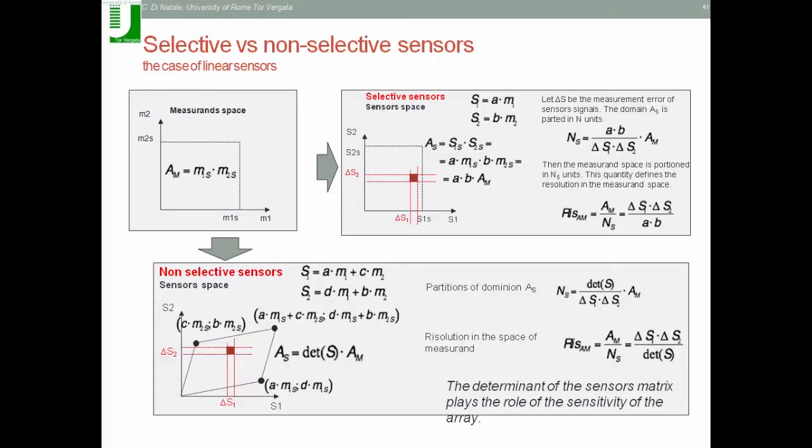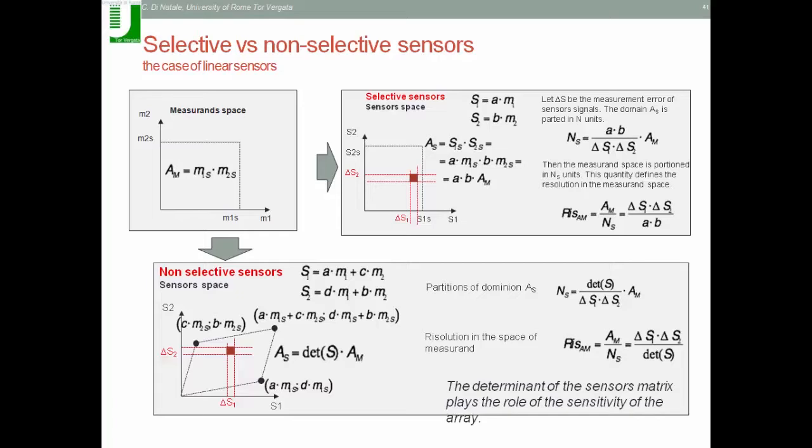And this area is no more the product A times B, but is the determinant of the matrix S. So when we calculate the maximum variation of M1 and M2, so in how many partitions I can actually partition this space, this is similar to what we had before, but instead of the product of sensitivity, we have the determinant of the system. So the determinant of this matrix actually plays the role of the sensitivity of the sensor.